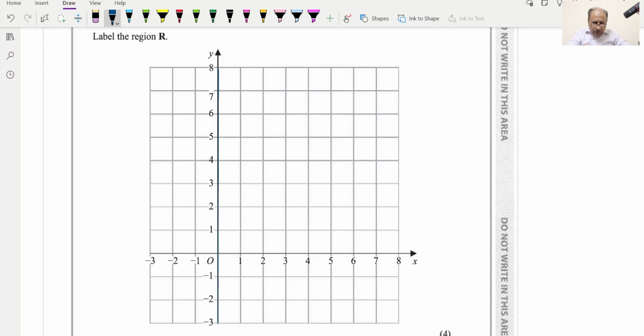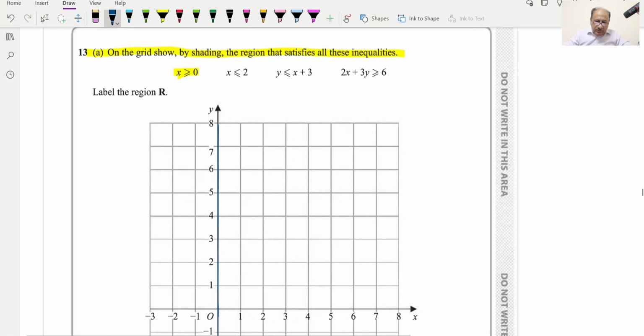So I have drawn this one. This is exactly on the y-axis, and we can label it x is greater than or equal to 0, and x is less than or equal to 2.